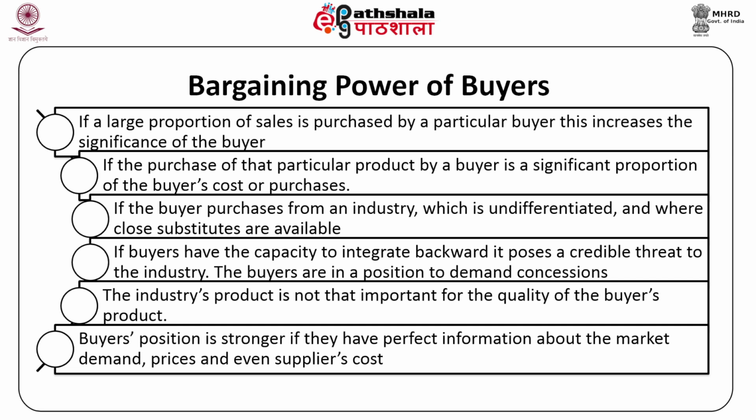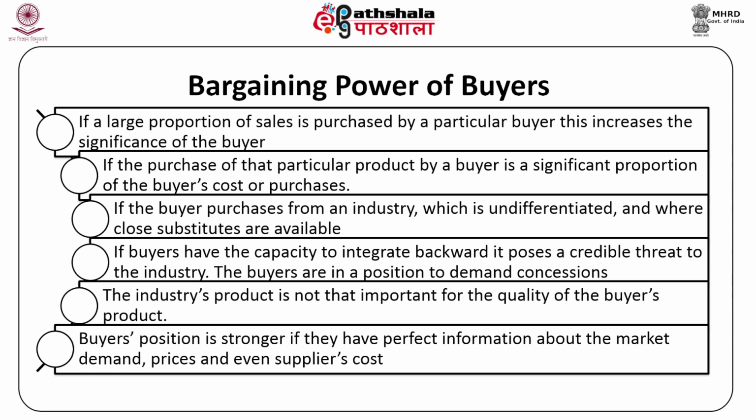Large volume buyers are especially important forces if heavy fixed cost is a characteristic of an industry. The second is if the purchase of that particular product by a buyer is a significant proportion of the buyer's cost or purchases. The third is if the buyer purchases from an industry which is undifferentiated and where close substitutes are available. Close substitutes also reduce switching cost of the buyers, which increases their power.